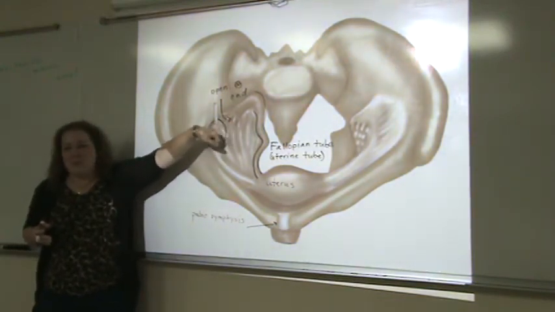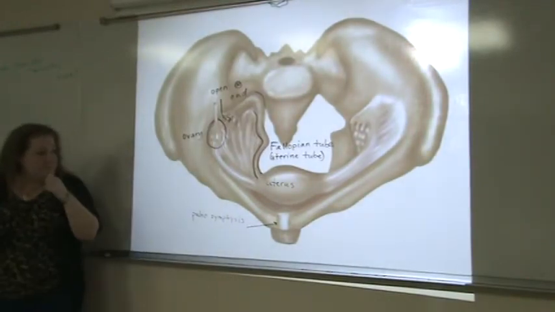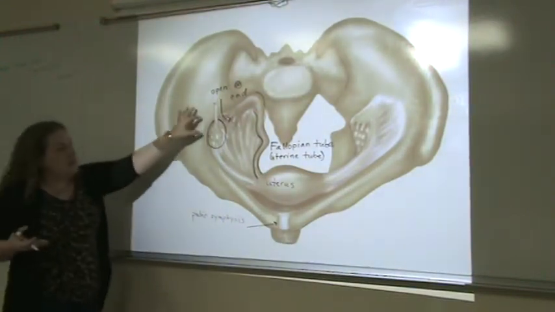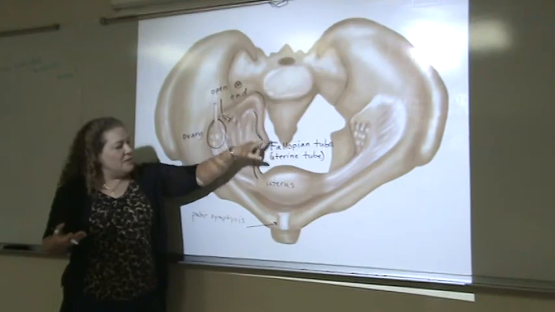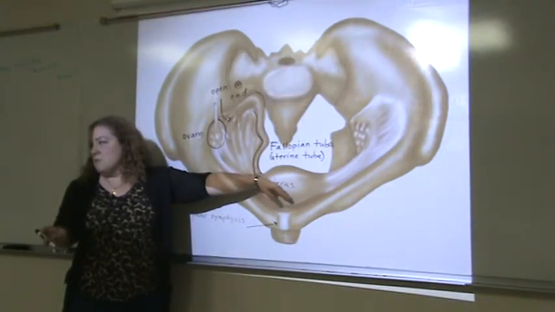There's a gap between there, and we'll talk about next why the gap is important. So in this picture, those are the major structures that we can see from this view of the female reproductive system. And these structures, ovary, fallopian tube, uterus, are actually the most important from a reproductive standpoint.